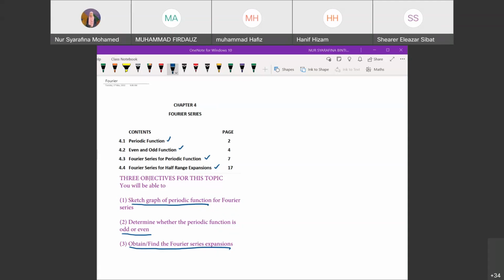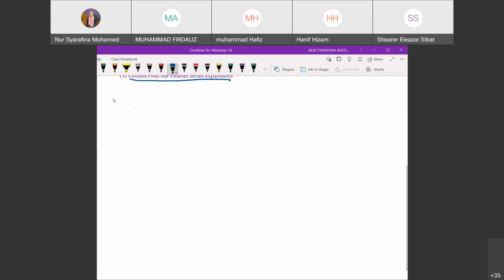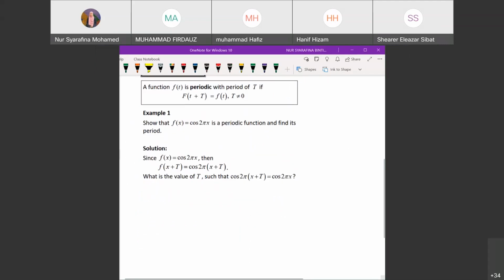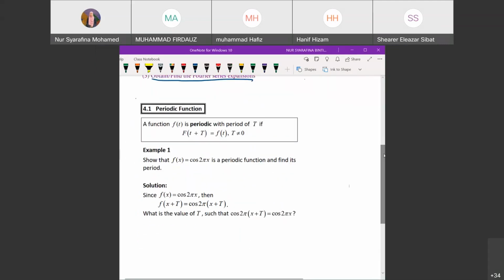Based on the notes given, what is a periodic function?